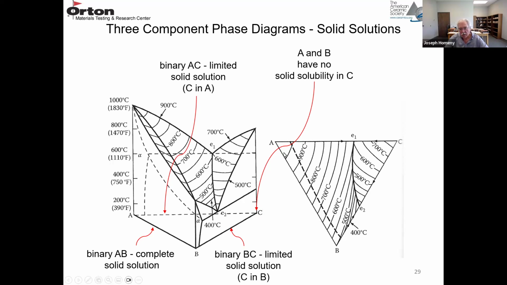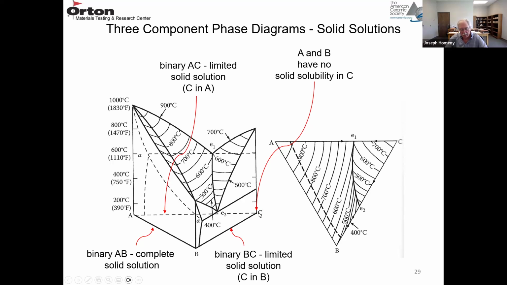So if you look at the two-dimensional projection, it looks like this. This dotted line represents solid solution. So in this region here, you have solid solution of A and B, but you also have a little bit of C, partial solid solutions dissolved in A and B. And point C, there's no solid solutions.